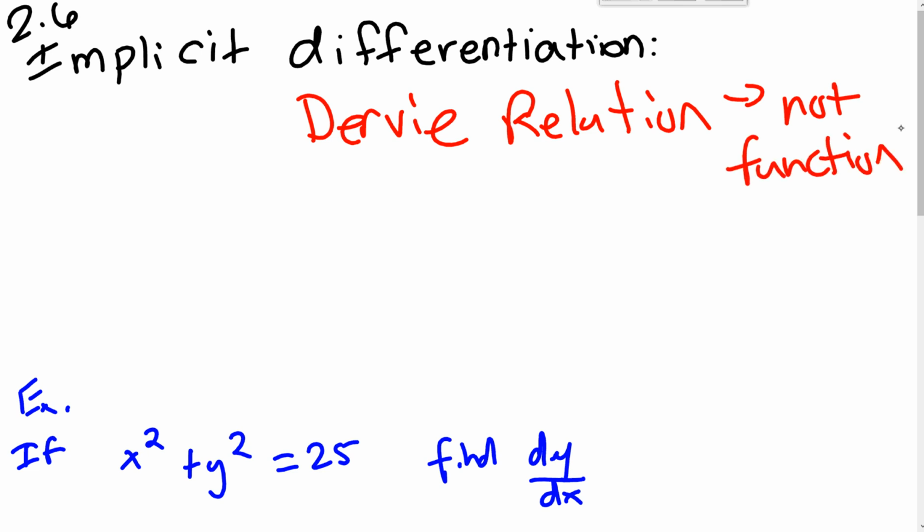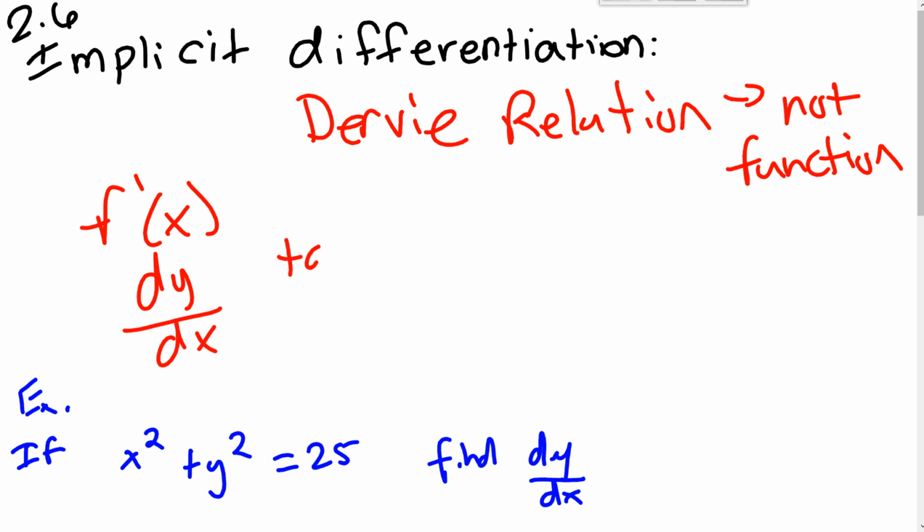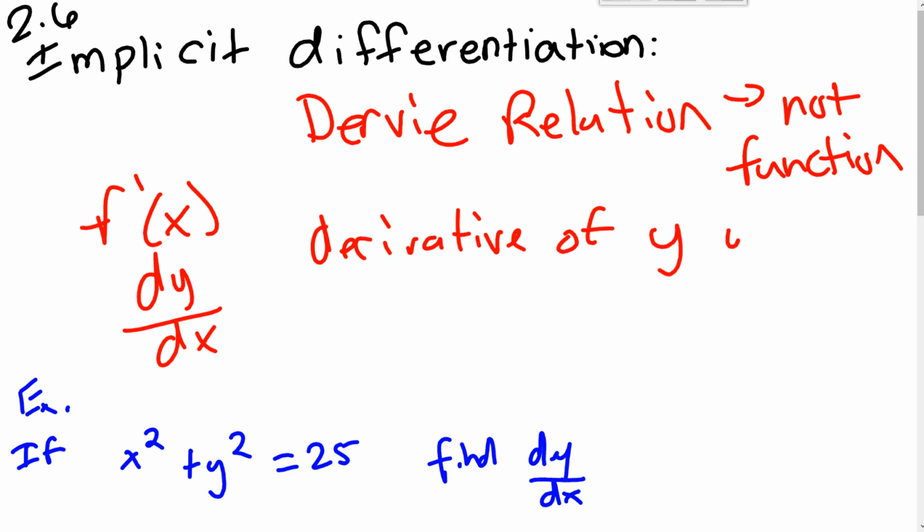Okay, so now as we do this, you can remember when we do f prime of x, that is one notation, or dy over dx means I'm taking the derivative of y with respect to x.